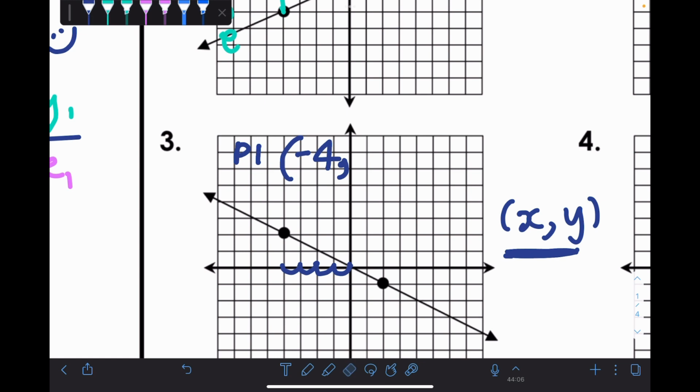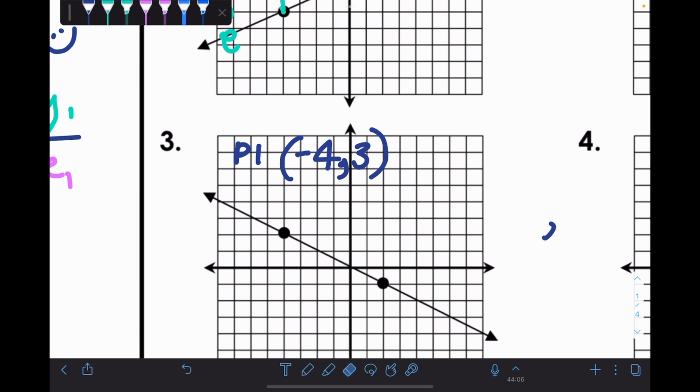We know our y is up. So how much is it up? 1, 2. Okay, so I'm just pressing buttons unnecessarily here, aren't I? There you go.